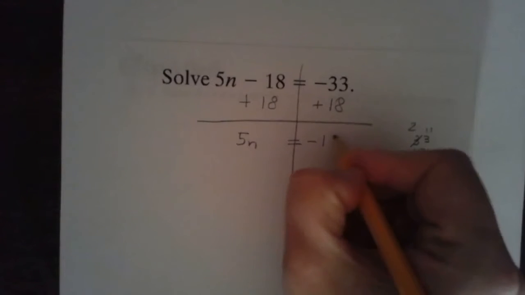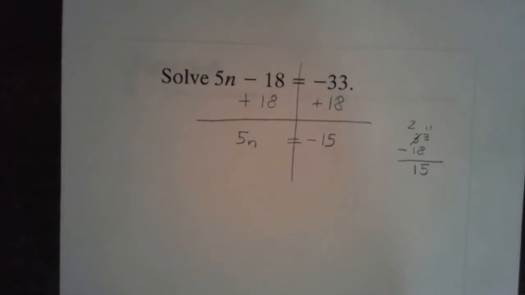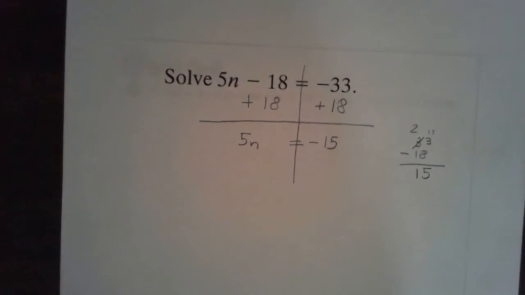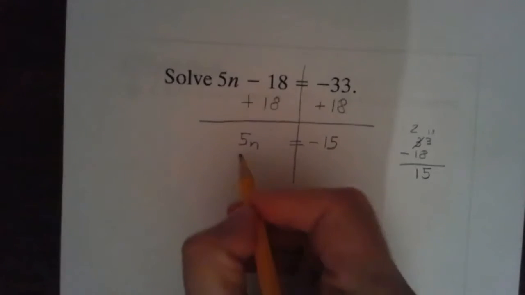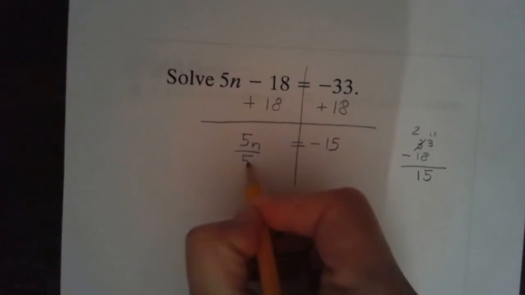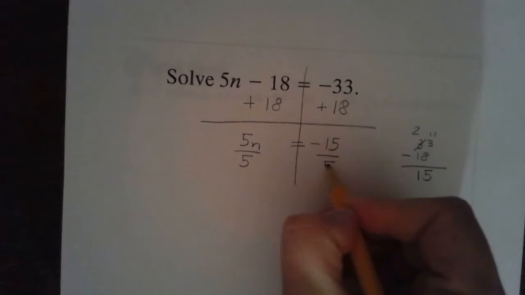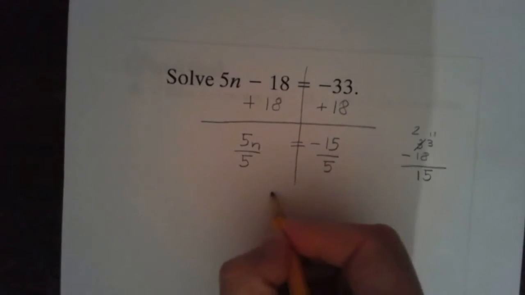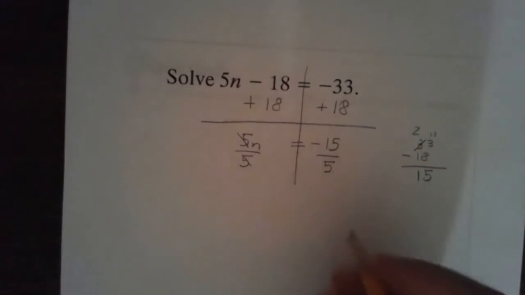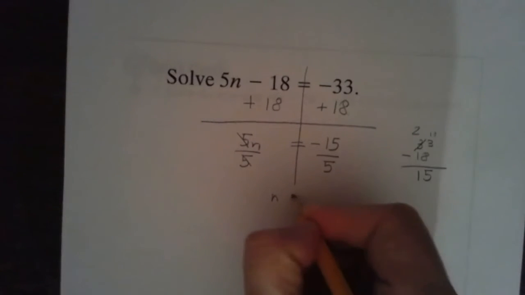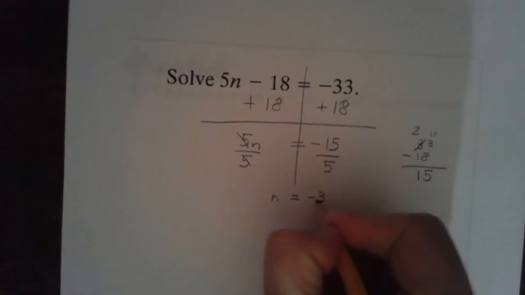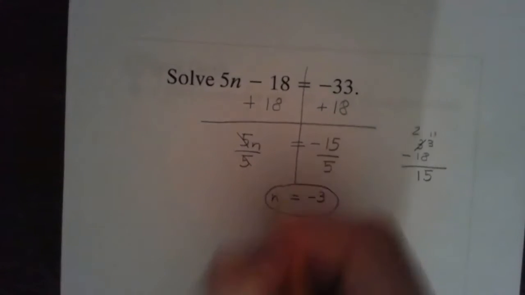That's negative 15. Now it's a one-step equation we just did before. So how do I solve for n? I'm going to divide by 5. Divide by 5. So the final answer is, here that becomes 1. n equals negative 3. And voila, I'm done.